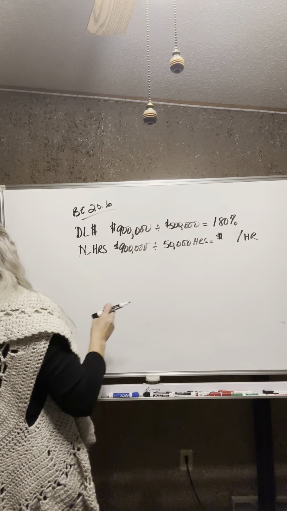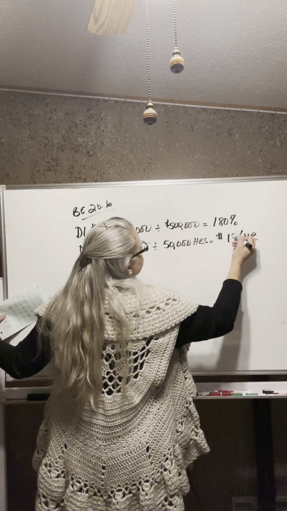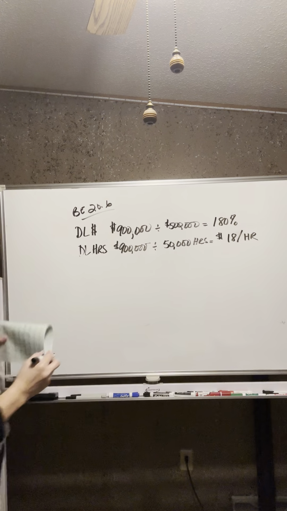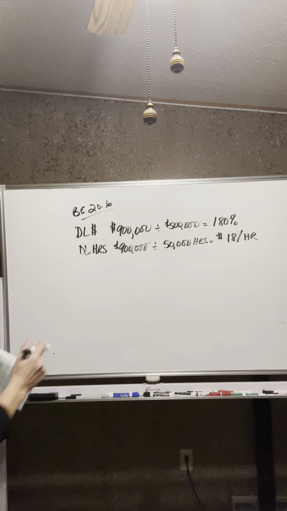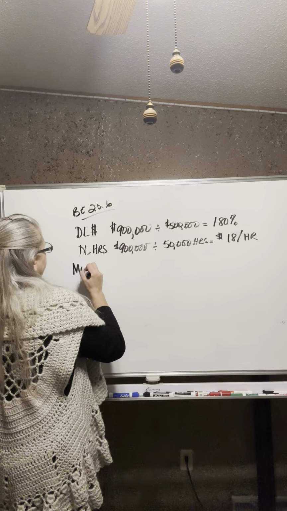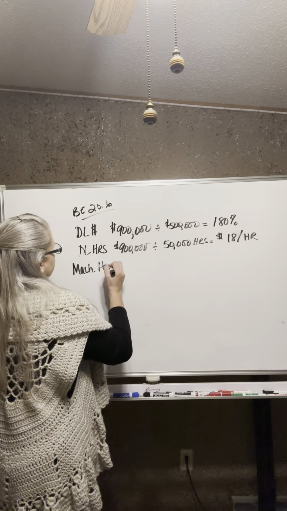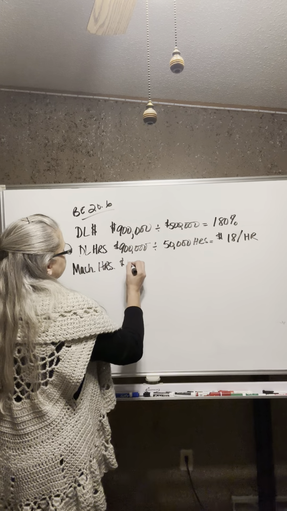And in this case, it's 18. Then you have machine hours. Again, we're starting with the 900,000. And we have 100,000 hours on the machine. You are dealing again with a dollar amount over an hour, so it's a dollar per hour, and it is going to be 9.